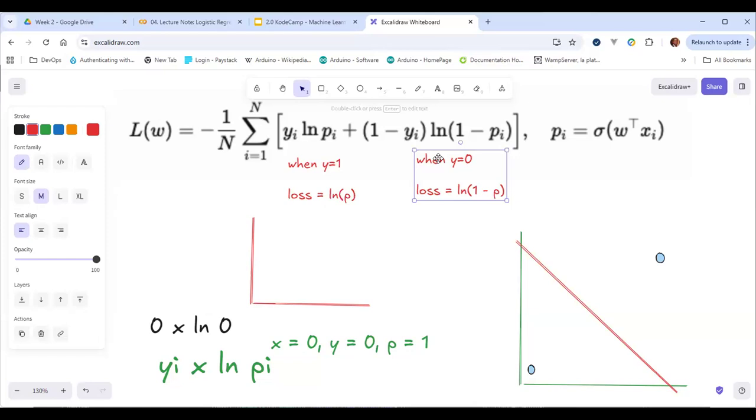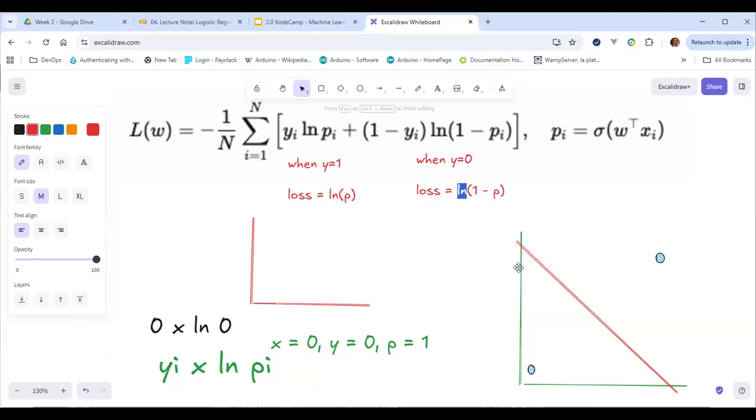But for data points where the true value is 0, or false, or no, or negative, the loss for that single data point is the logarithm of 1 minus whatever the model predicted.